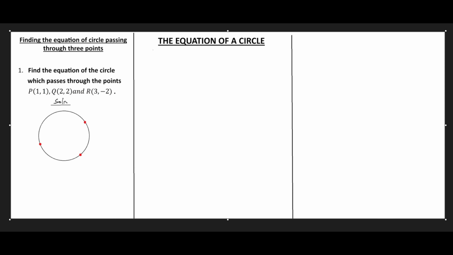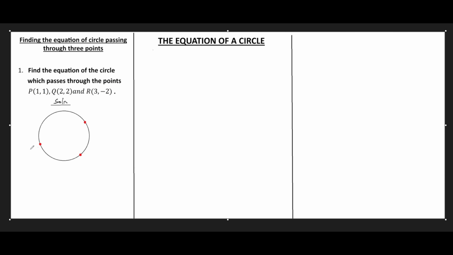Still on the equation of a circle. This time we are finding the equation of a circle that passes through 3 given points. So our first question, we have to find the equation of a circle which passes through the points P, Q, and R. So we have our circle, and then on this circle lie 3 given points.